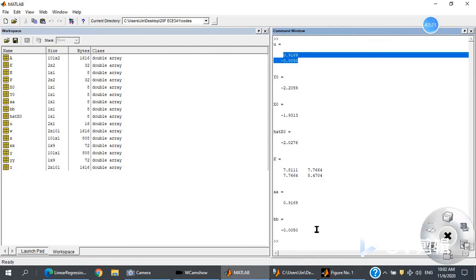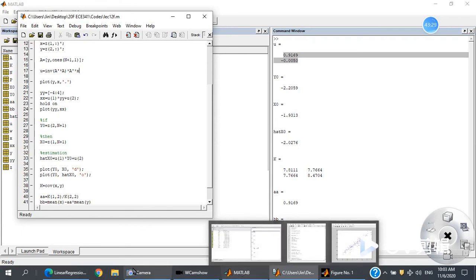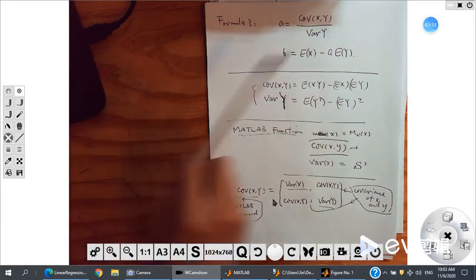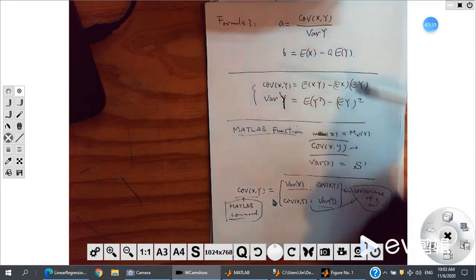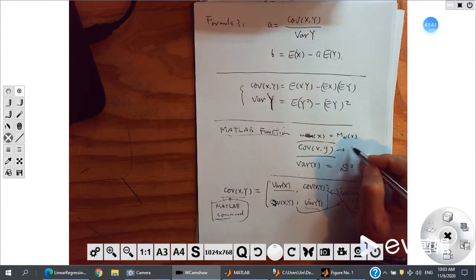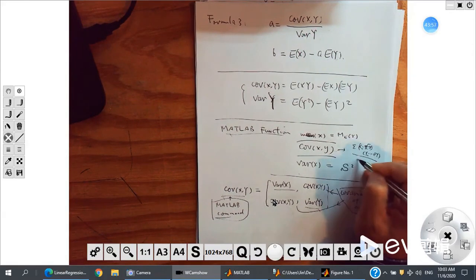But here, actually, you should know when you do the calculation, in these two formulas, the variance is replaced by s squared, and the covariance is actually a summation of xi minus ex times yi minus ey over n minus 1.